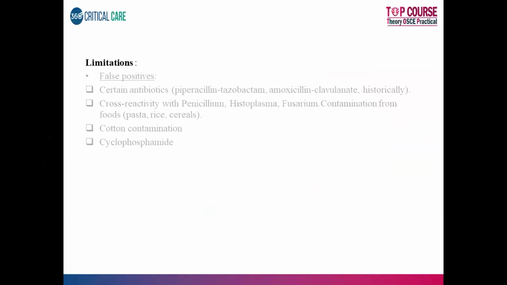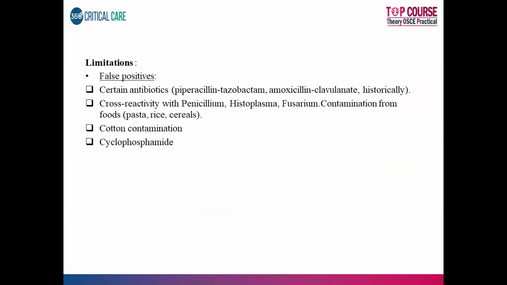What are the limitations with the galactomannan assay? We all know there are lots of false positive and false negative results with galactomannan. So what are the false positives? Certain antibiotics like earlier use of piptaz, amoxiclav can result in a positive galactomannan assay.